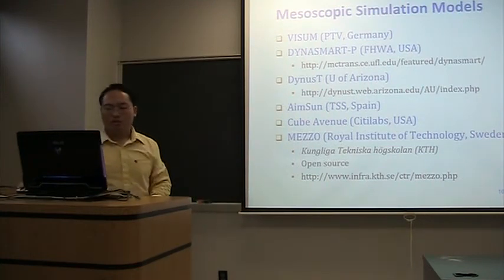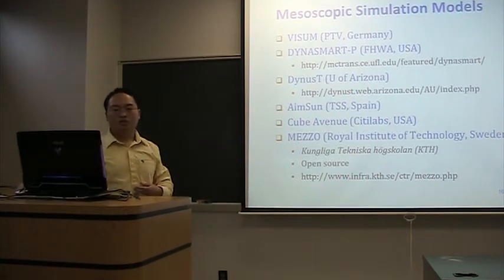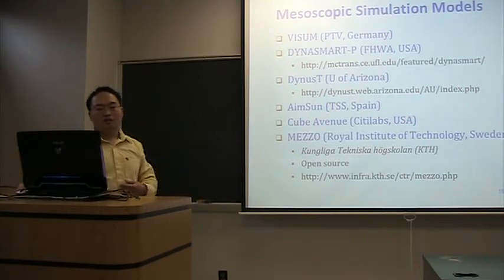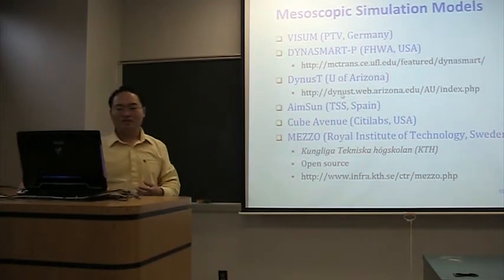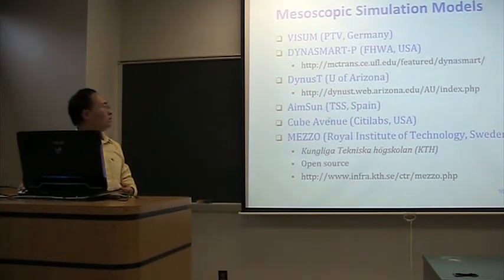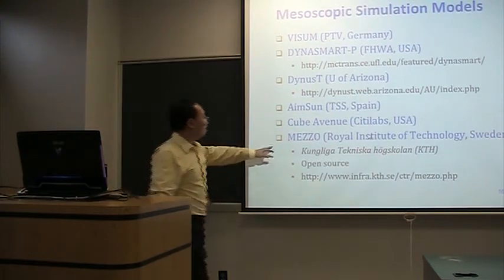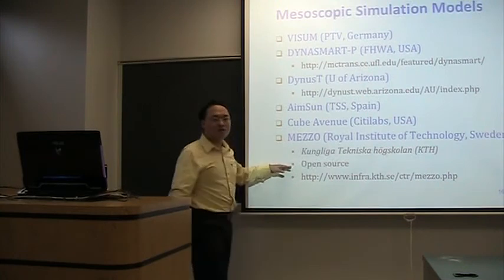And here are some models you can choose, including Resume, also Dynasmart, Dynasty. Okay, some of you have already suffered from Dynasty and EMSA, Cube Avenue, and Mezzo. Here I want to emphasize Mezzo because it's open source.